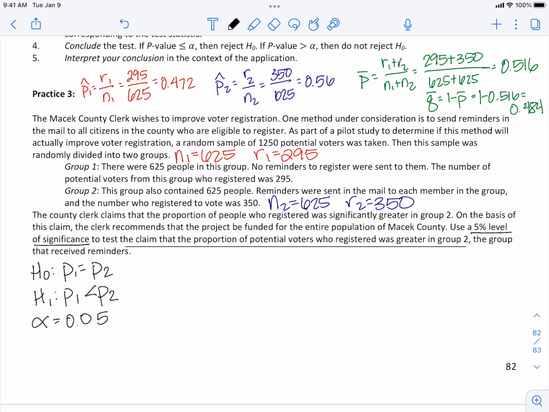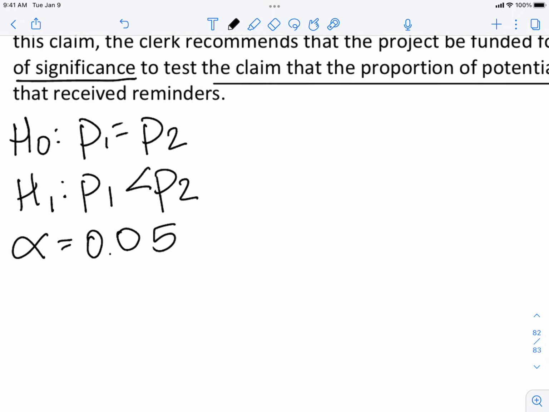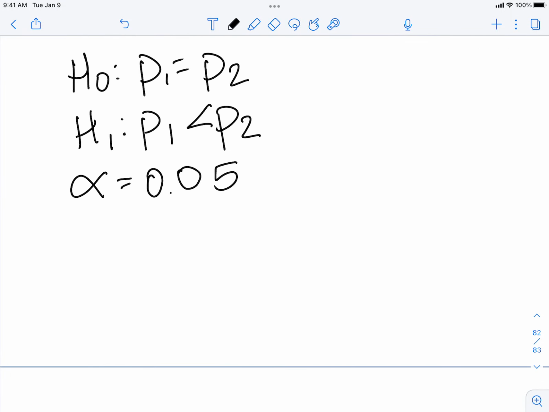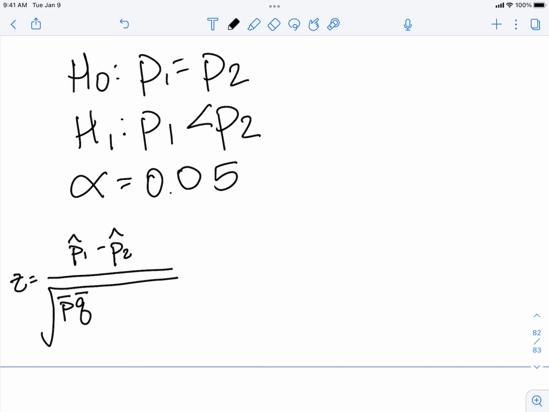All right, we now have everything we need to find the formula for our z-test statistic. So I'm going to blow this up a little bit so I can write a little smaller. Z is equal to P1 hat minus P2 hat divided by square root of P bar times Q bar divided by N1 plus P bar times Q bar divided by N2.